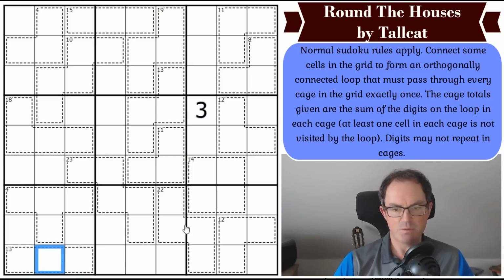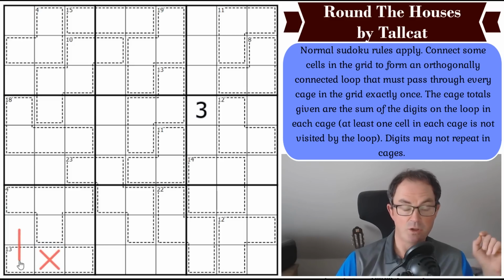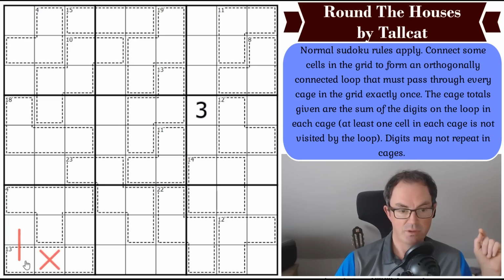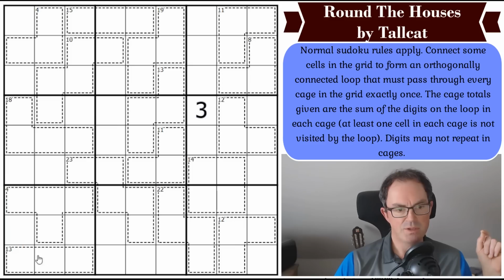So if we made this one not loop, the loop would enter row 9, column 1, and then it couldn't get out because it's an orthogonally connected loop. So we're not allowed to do that because these 2 cells, row 9, column 1 and row 8, column 2, are not orthogonally connected. They only connect diagonally. So this cell is definitely part of the loop.